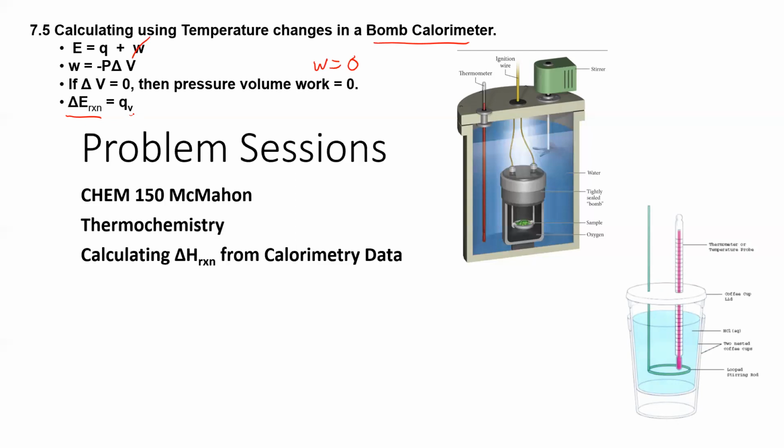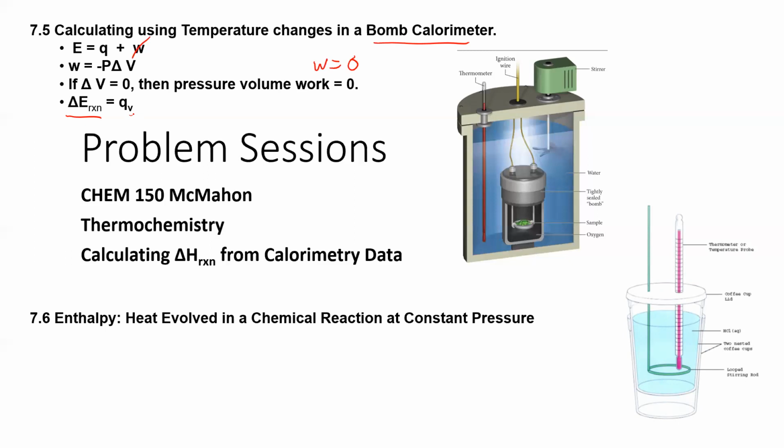Coffee cup calorimetry was discussed in section 7.6, enthalpy, which is heat evolved in chemical reactions at constant pressure. Typically in a lab, we're working under constant pressure, okay? Now, if you don't remember these topics, again, go back to week 9, outline, goals and objectives, and review this concept.